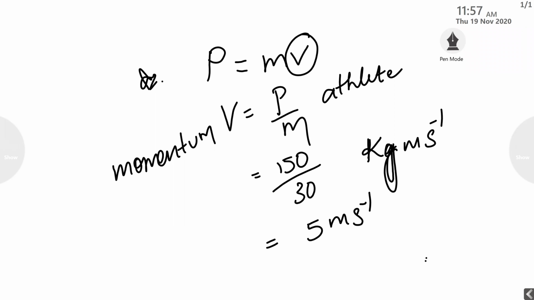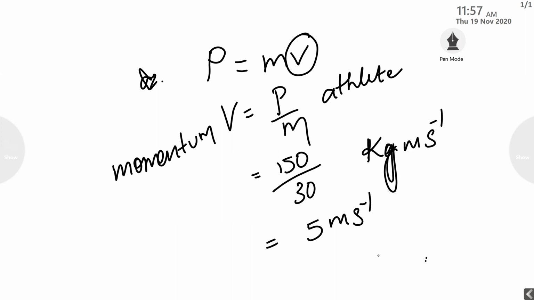The total momentum of a system remains constant if no external force acts on the system.